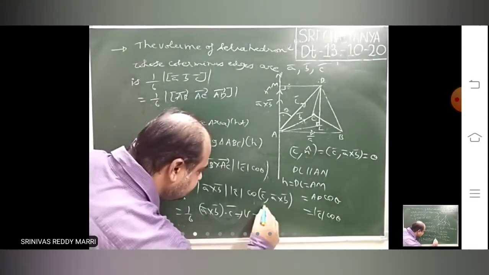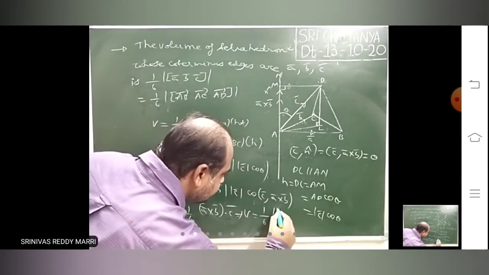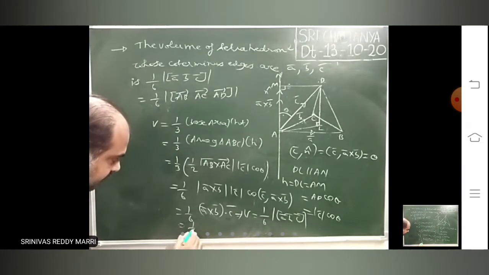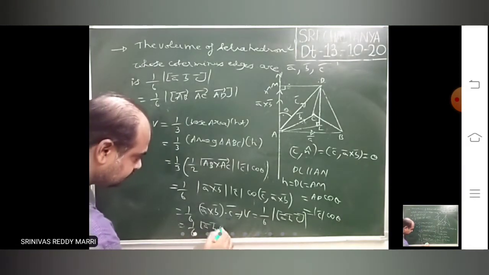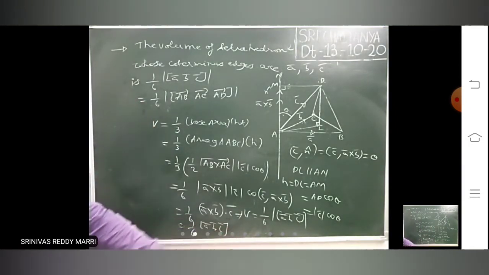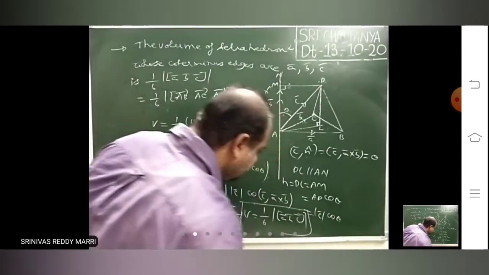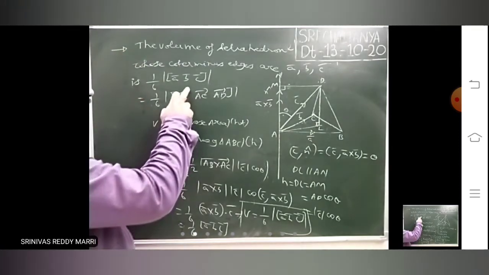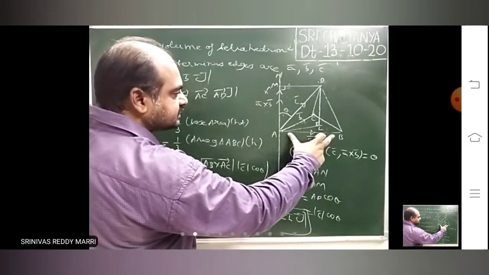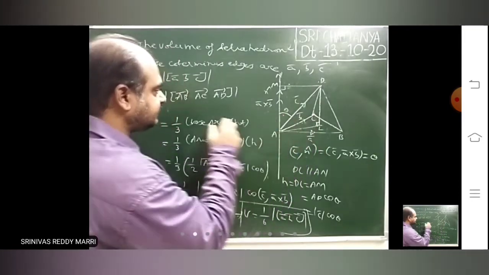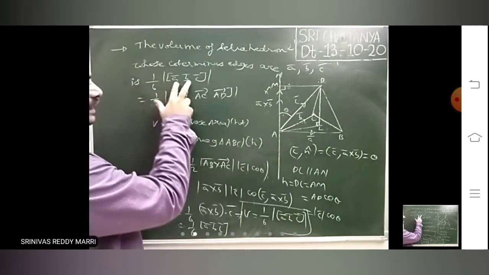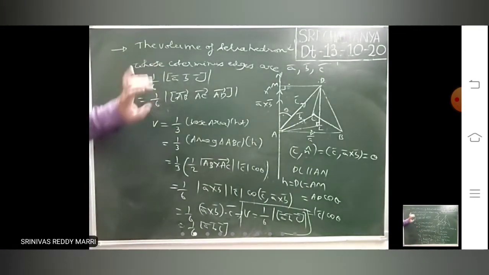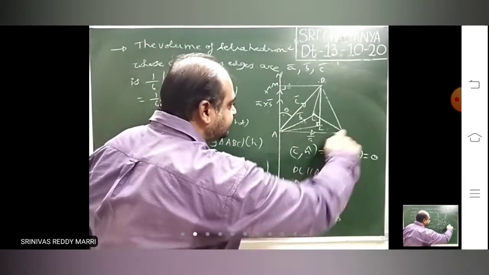For making this positive, we will always write it as the modulus. So volume is nothing but 1/6 into box of A bar, B bar, C bar. If three coterminous edges are given, use this formula. Suppose in some cases they will give four points.